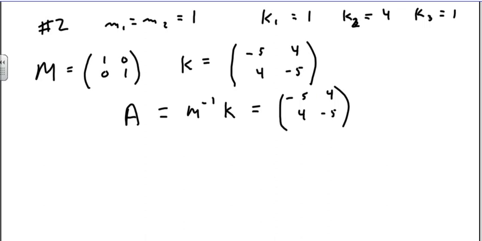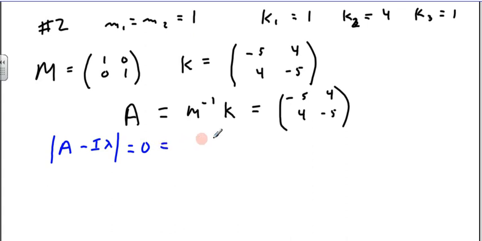Okay, now I'm going to look for eigenvalues. So I got A minus lambda I, and I want to take the determinant. Determinant of that is set equal to 0.